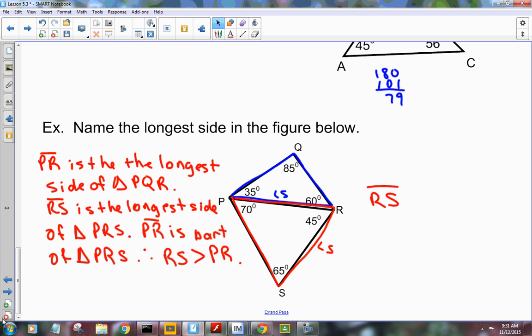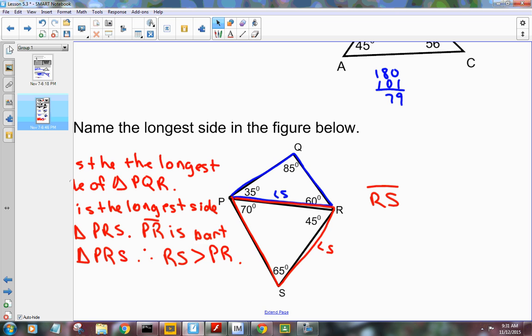Within this triangle, your PR is across from the 65, right? And so it's smaller than this because this is across from the 70. So within the red triangle, your longest side is RS, right? In the blue triangle, your longest side is PR. Even though PR is across from an 85-degree angle in the blue triangle, it's across from a 65-degree angle in the red triangle, okay? And RS in the red triangle is bigger than that. Does that make sense? Okay?